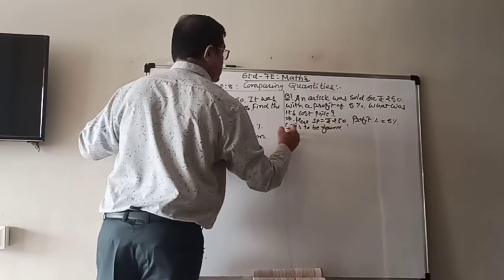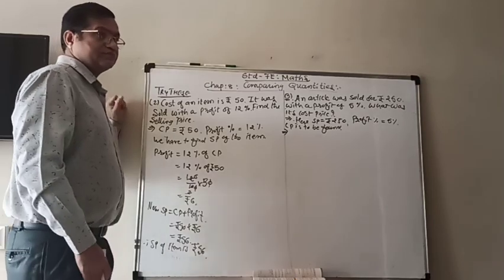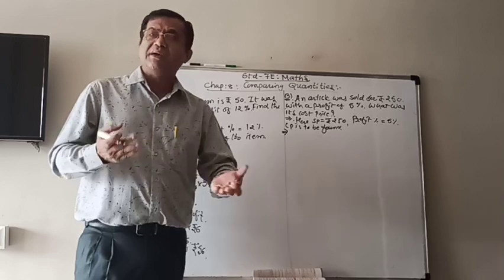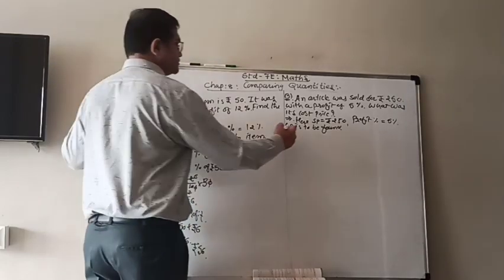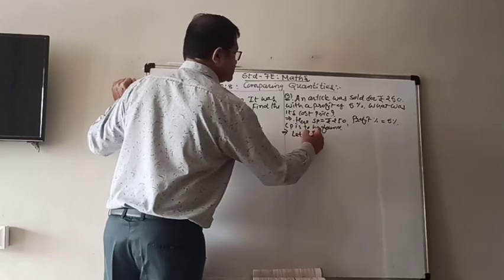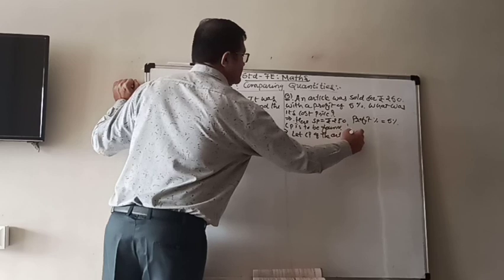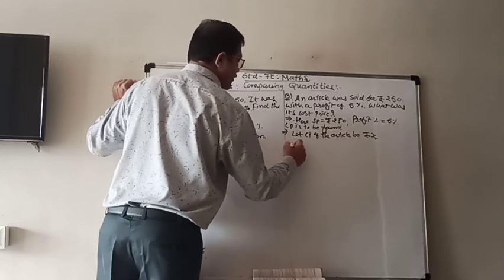So now we have to go a different way. So here cost price is the main thing, so we have to take it as X. So let CP of the article be rupees X. So now what is profit?